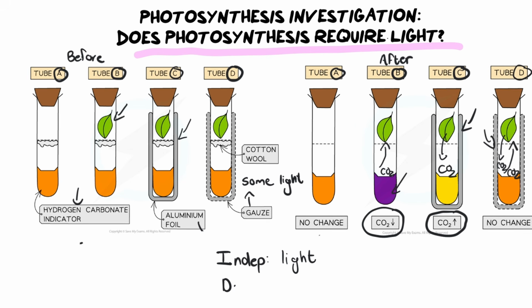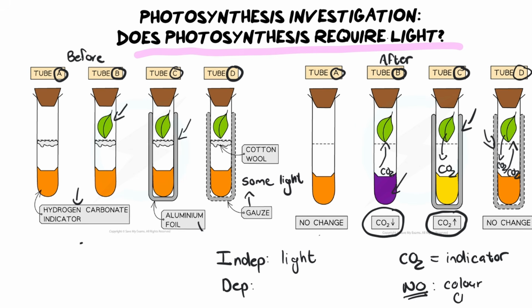But the dependent variable, once again, is not the carbon dioxide level, because the carbon dioxide level is an indicator. Just like the bubbles from the previous experiment were an indicator, carbon dioxide is an indicator. So please, please, please do not write the color change.